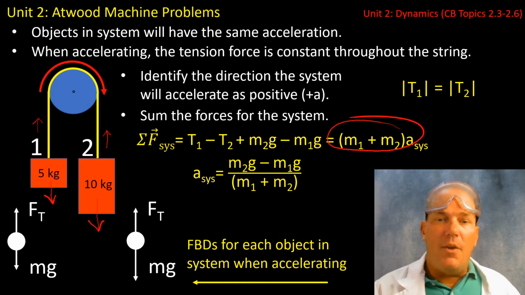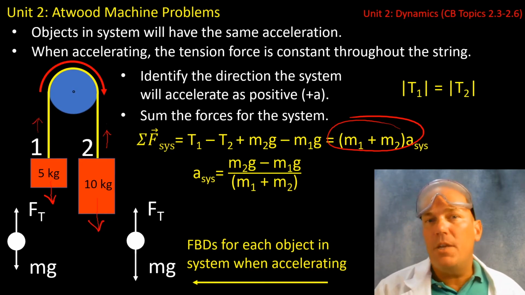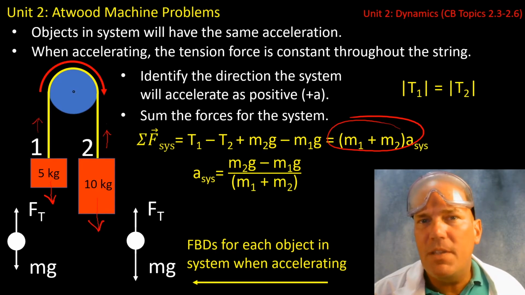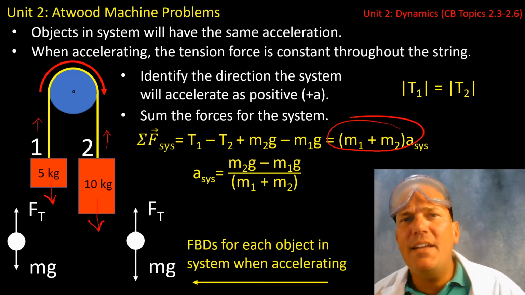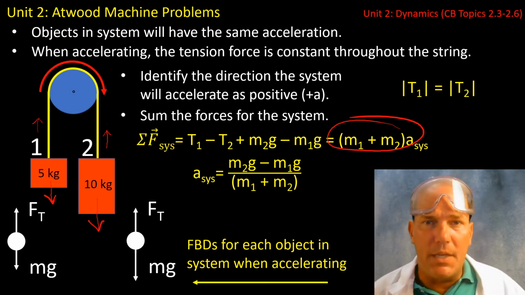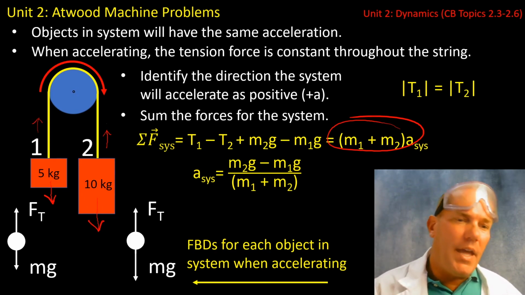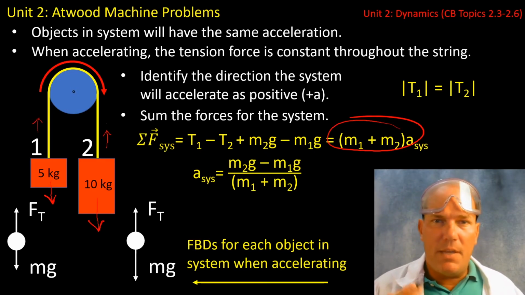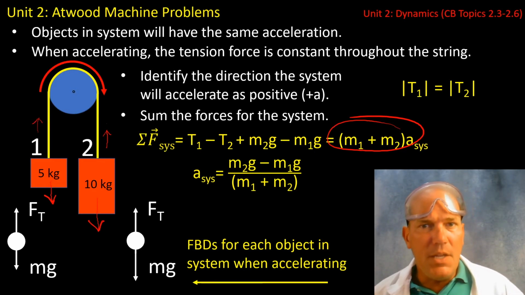Now, I want to solve for the acceleration of the system. Why? Because once we find the acceleration of the system, we can analyze the objects separately, because we've already acknowledged that regardless of the acceleration, it must be the same for both objects in magnitude.